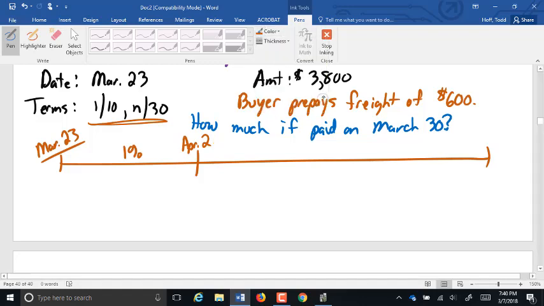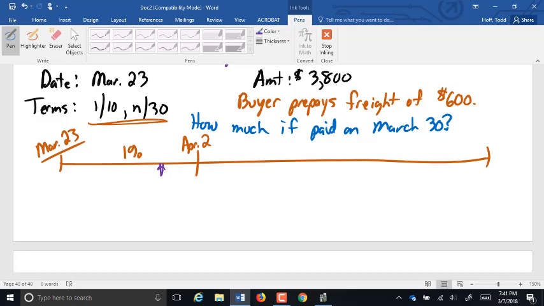So it's paid on March 30th, which means we are good as far as the discount. We've earned the discount.